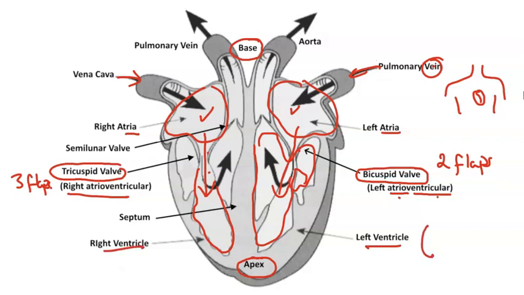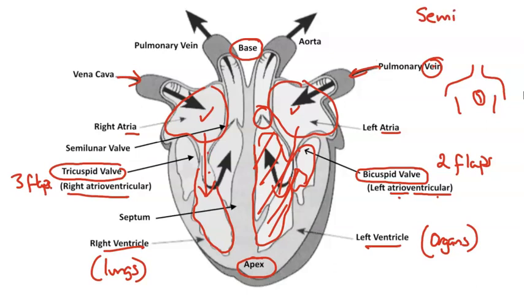Blood going out of the left ventricle is being pressurized and pumped to all of the organs except the lungs. And of course, it is the job of the right ventricle to pump blood to the lungs. Blood from the left ventricle passes through this valve, which is called a semi-lunar valve, semi and lunar.